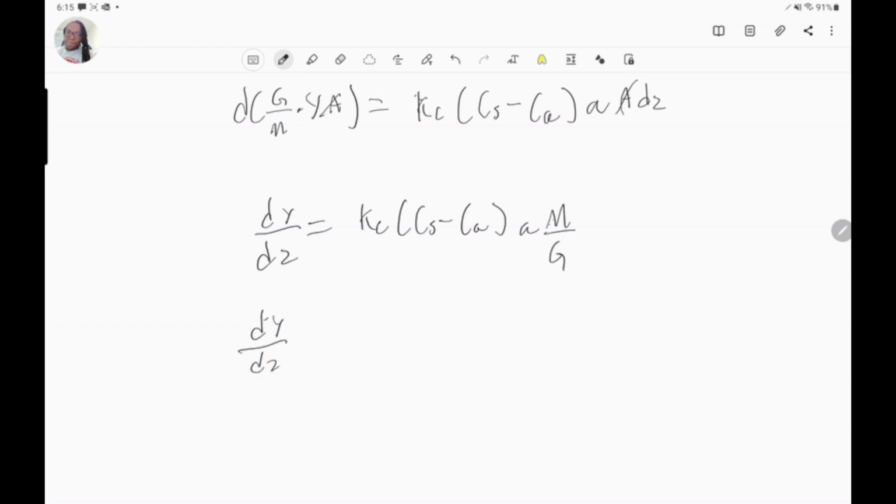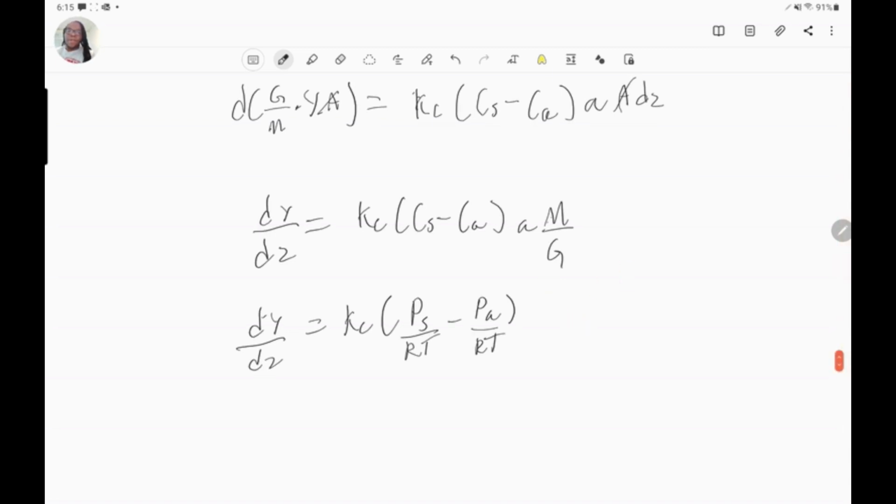And so it's going to be Kc, partial pressure at the surface over RT, minus partial pressure in the air over RT. Now, that can be broken down even more, this partial pressure in the air, but it's not really necessary because it's going to go away here soon anyway. And so bring that on down.